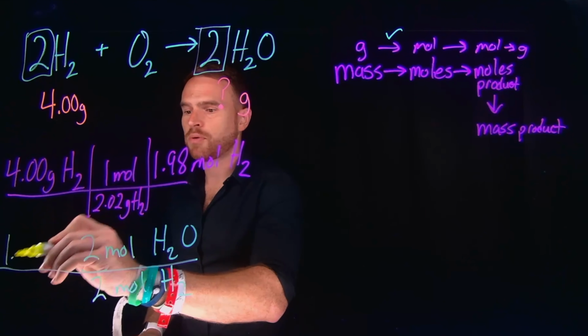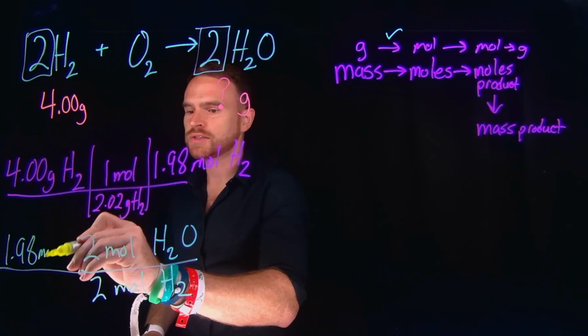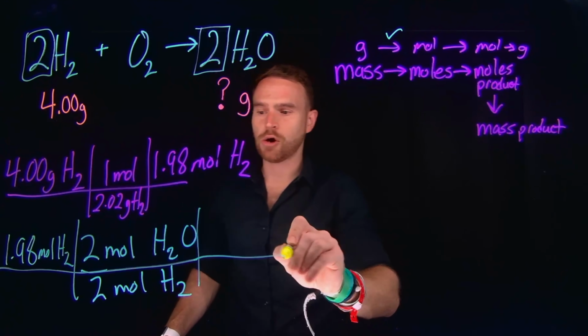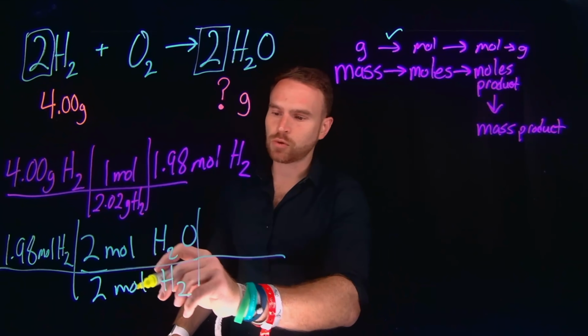We have 1.98 moles of H2, and then we use this molar ratio, and notice that this will cancel out moles of H2 on the numerator and the denominator. If we perform this calculation, we find that this equals 1.98 moles of H2O, which means that we are producing 1.98 moles of H2O from 4 grams of H2.